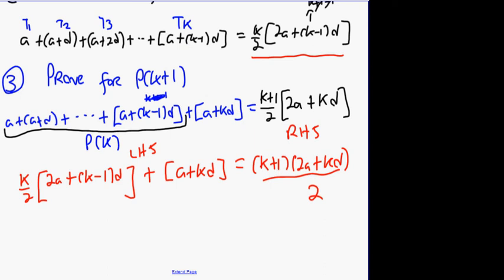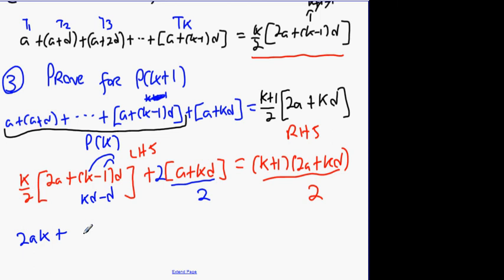Once again, going to work on the left hand side, and what I'm going to do is put a 2 on the outside here, over 2. I'm going to multiply out, so you're going to get 2ak. Then when we multiply this in, it's going to be kd minus d.